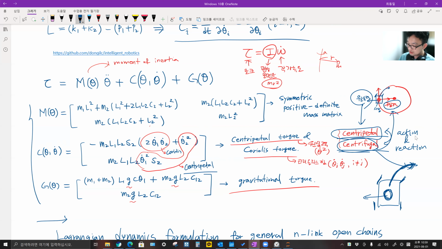So these two things are different, and it is important to be careful when calling this kind of acceleration. And the last G term is about the gravitational torque.